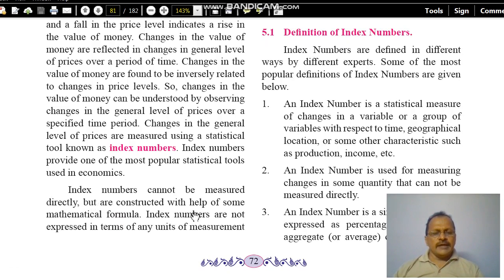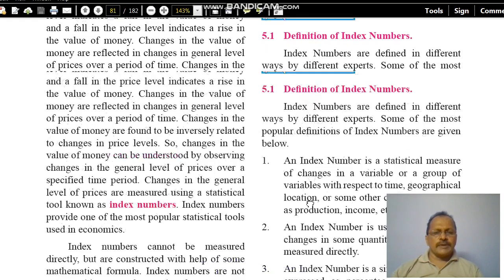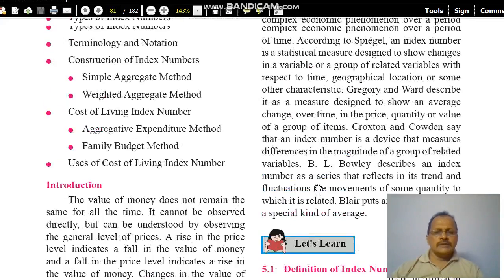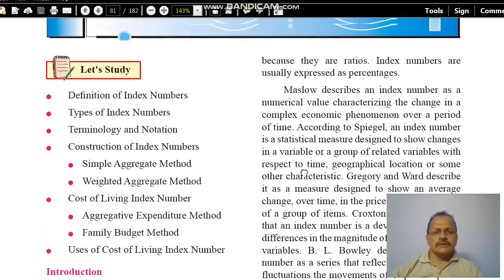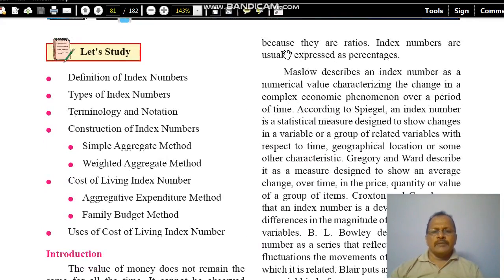And index numbers are not expressed in terms of any unit of measurement, because we are going to construct them as ratios. Index numbers are usually expressed as percentages.